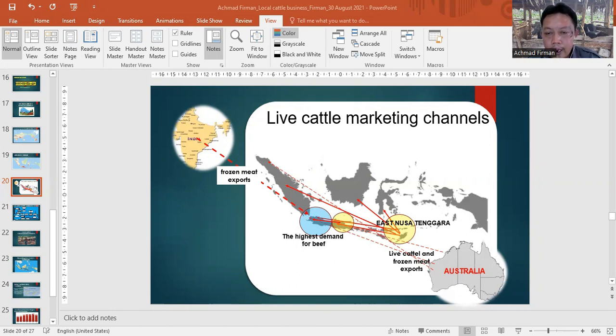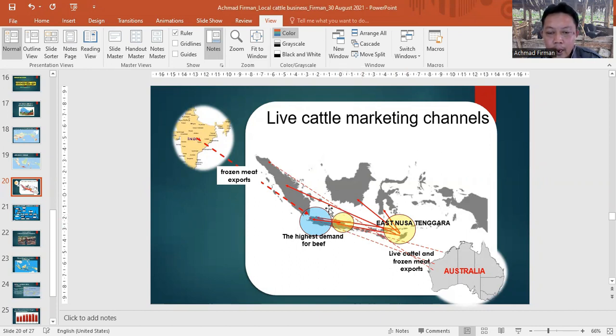One of the areas that become a source of domestic cattle supply is East Nusa Tenggara, and also East Java. You can see the yellow ones, East Nusa Tenggara and East Java.